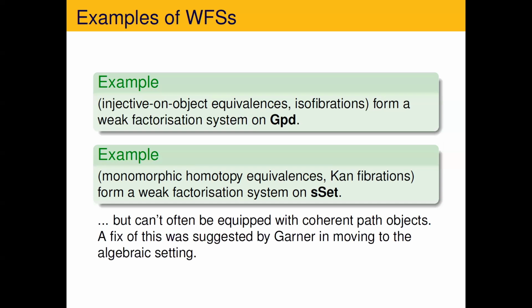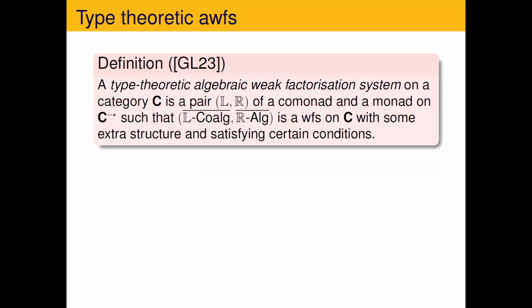So a solution to this was suggested by Richard Garner in moving to a more algebraic setting, having actual choices of these lifts that behave functorially. This idea was taken seriously by Gambino and Larrea in a paper where they define the notion of a type theoretic weak factorization system. This is an algebraic version of a model of type theory, where we consider a pair of a comonad and a monad, algebraic structures, such that they have an underlying weak factorization system.